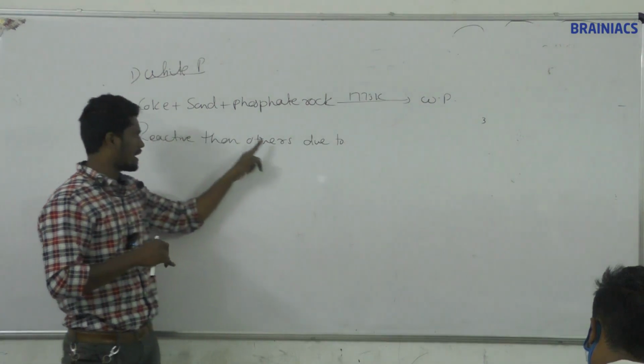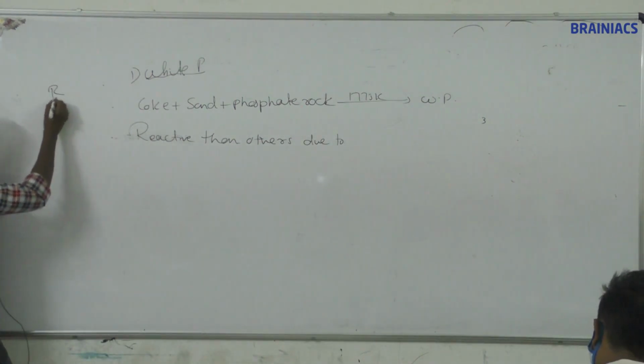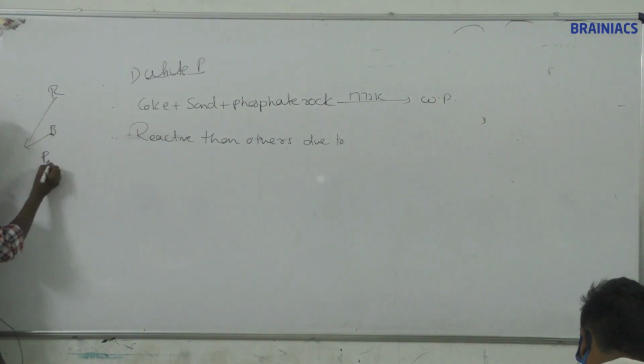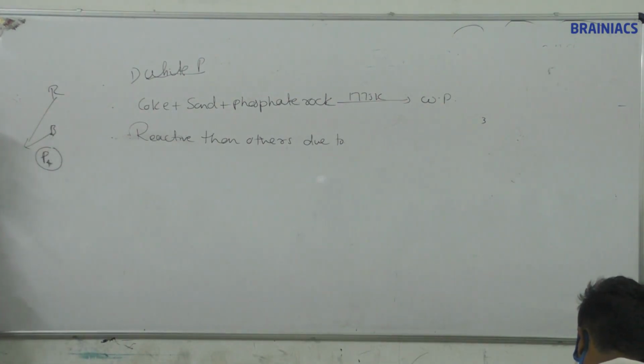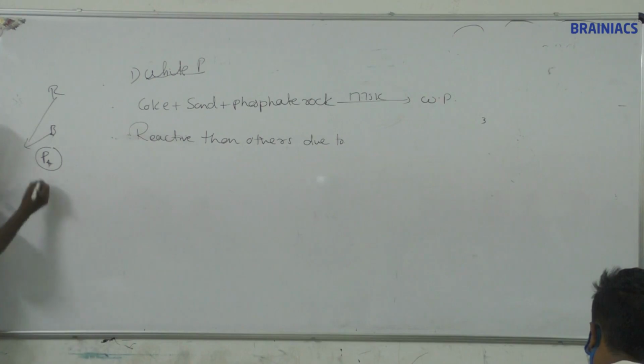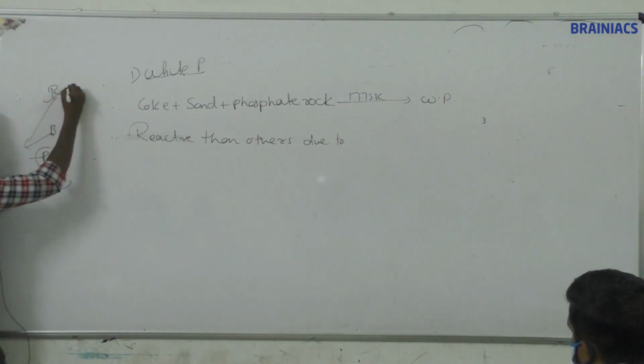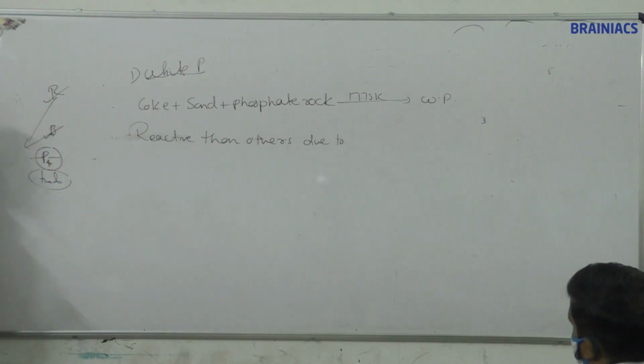Why is it more reactive than the others? In the case of red phosphorus and black phosphorus, it is a polymer of what? P4. So P4 tetrahedral units are connected polymerically to form red phosphorus and black phosphorus.